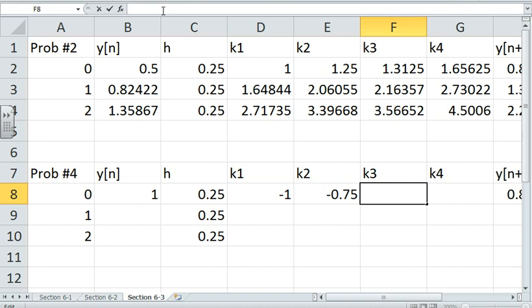So it's A8 times C8 plus 0.5 times h, which is C8, minus the quantity y, which is B8, plus 0.5 C8 K2, which is E8.